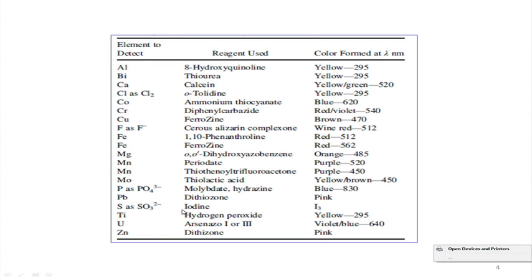But in this particular case, since the color is the same, and the wavelength range for the pink is close by, we cannot detect a mixture. Okay. So, for manganese, once you see the reagent from this chart, you should all be able to read this. The reagent is periodate. Periodate is not binding to the manganese ion.